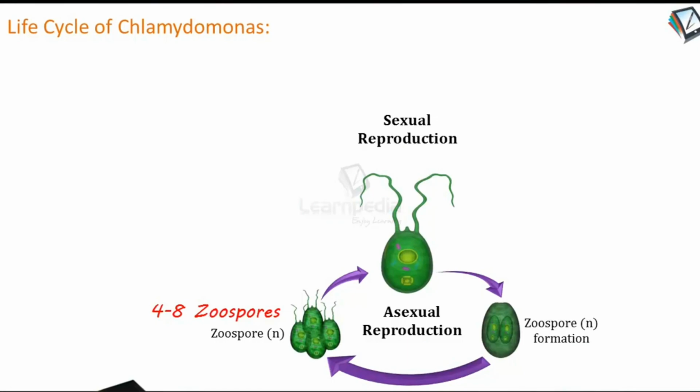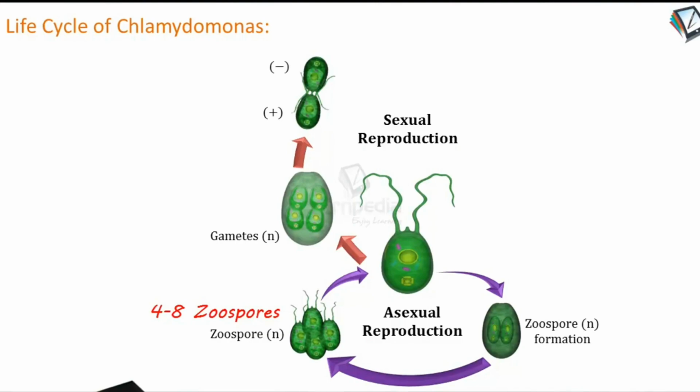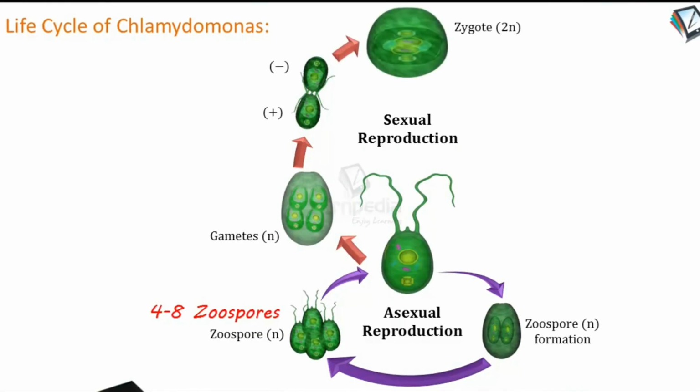See the sexual reproduction. In sexual reproduction, the protoplast divides and gametes are produced. These gametes are haploid in nature and the gametes fuse with each other. One we call plus, another we call minus. When they fuse, they produce a diploid zygote. Zygote is the only diploid state in the life cycle of Chlamydomonas.